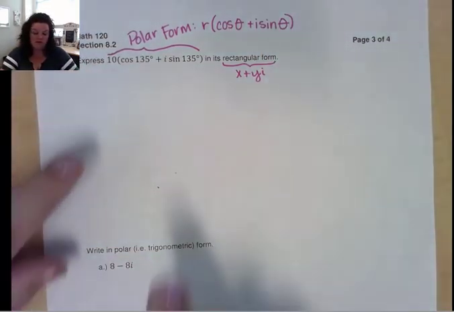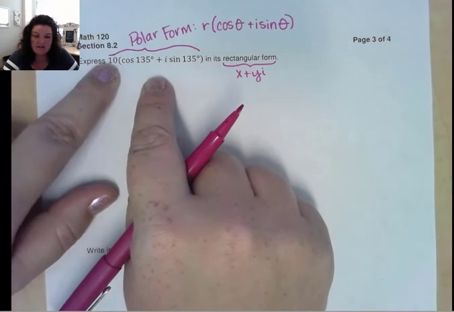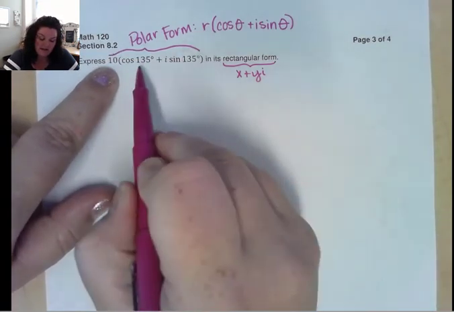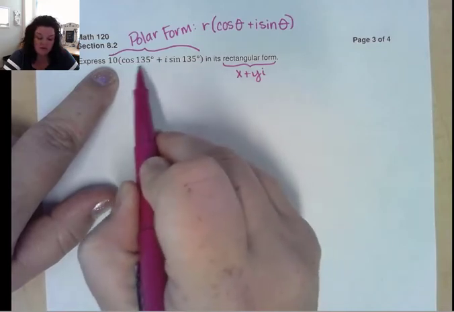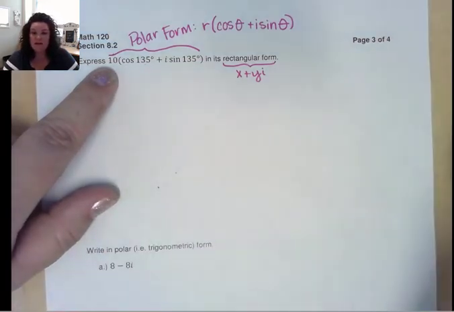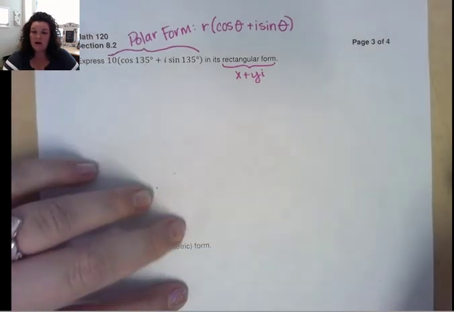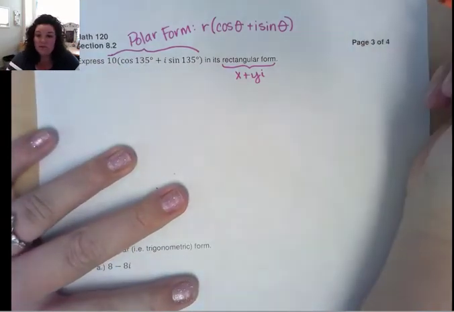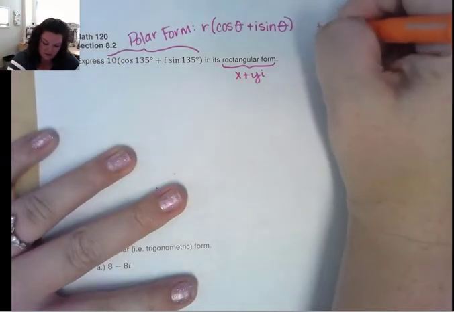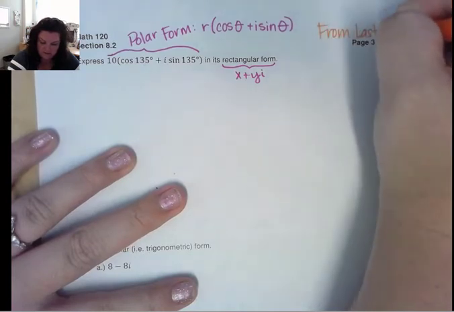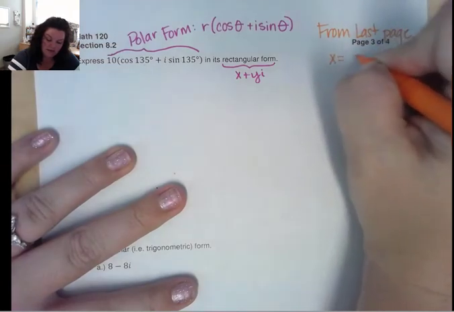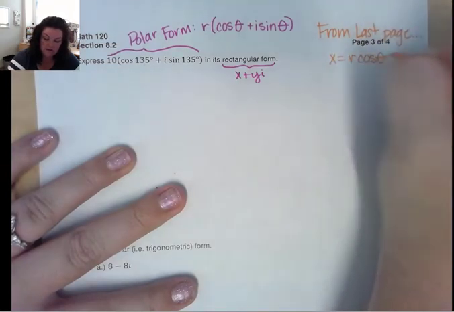So what they're giving us is the r value, that's the 10 written out here, and they're giving us the angle. If we know the r and the angle, we should be able to figure out what x and y are. Just for easy reference, I'm going to write over here to the side those formulas from the last page. We know that x is equal to r cosine theta.